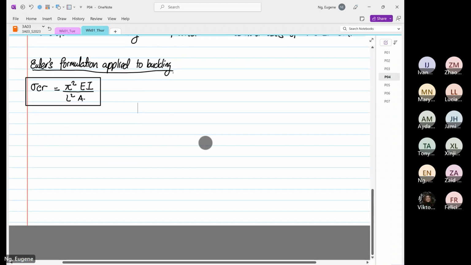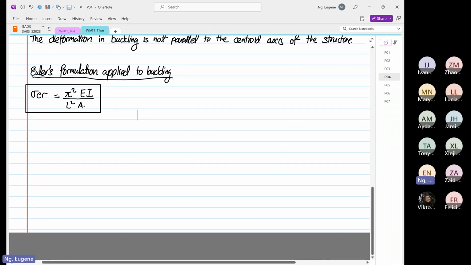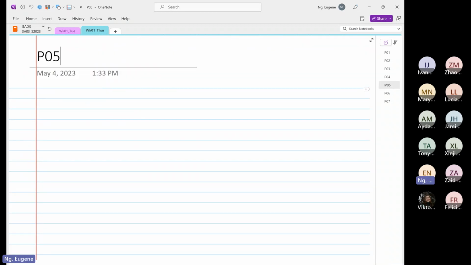Right. So in order to do this, we are going to derive this formula. Now we are going to look at the deformation pattern during buckling.